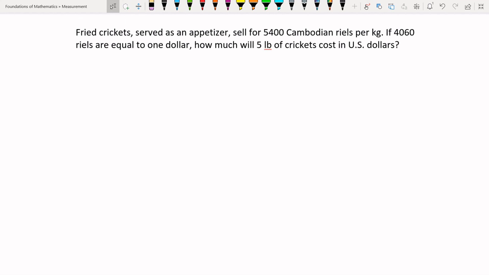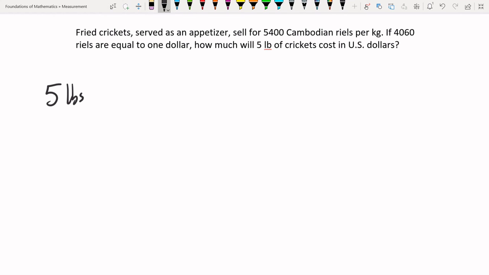All right, here we have some fried crickets serving as an appetizer for 5,400 Cambodian reals per kilogram. If we have 4,060 reals, or $1, how much will 5 pounds of crickets cost in US dollars? So what we're doing is we're converting 5 pounds of crickets into US dollars using the unity fractions and everything that's given to us there.